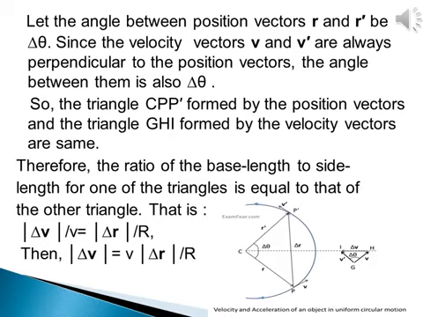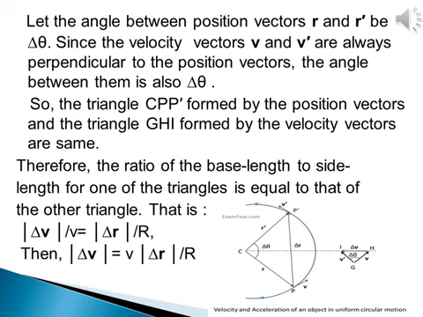Let the angle between the position vectors r and r dash be delta theta. Since the velocity vectors v and v dash are always perpendicular to the position vectors r and r dash, the angle between them is also delta theta.